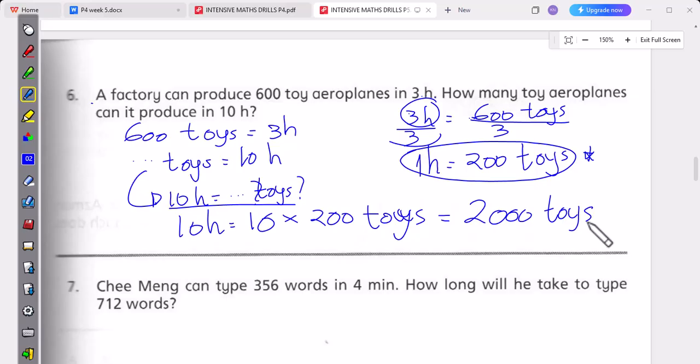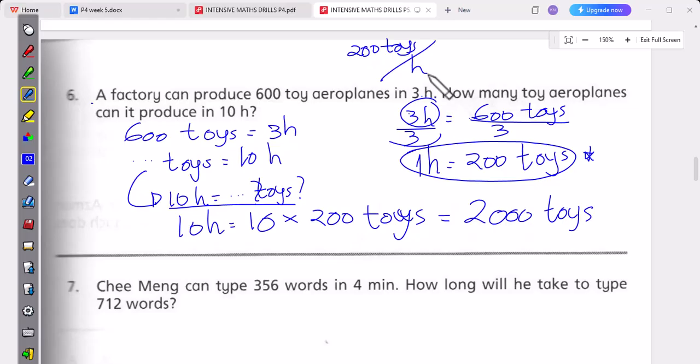Okay, so if they ask about the rate, how many toy aeroplanes can be produced in 1 hour, the unit must be 200 toys per hour.